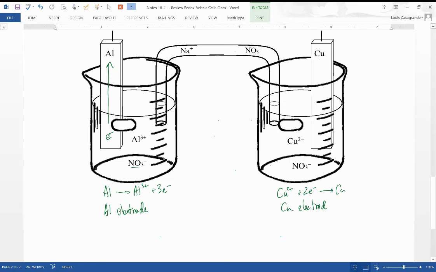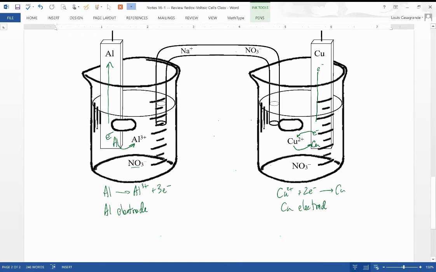And we're going to get those electrons to come down into the copper, and when they do, the electron is going to be able to transfer to the copper 2 plus. And when it does so, the copper 2 plus is going to come onto the copper electrode. On the other side, because we're losing electrons, we're going to take the aluminum that's there and form aluminum 3 plus in that cell on the left.